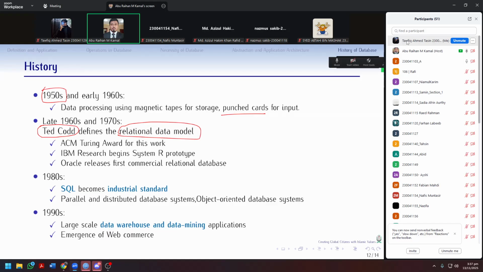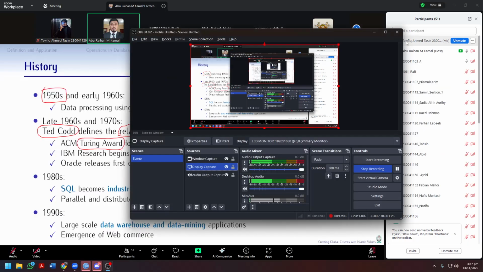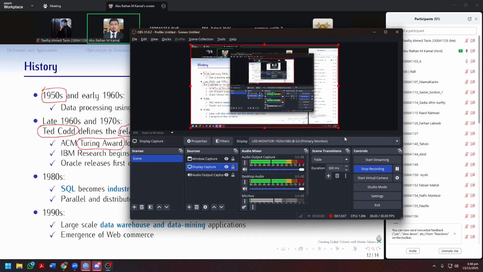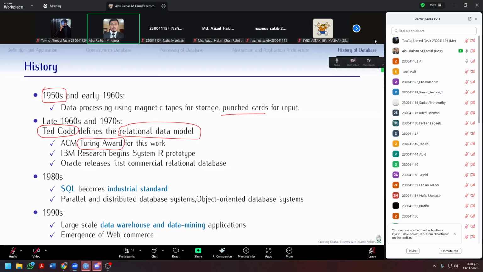Do you know what is the highest award of computing or computer science? It is called the Turing Award. Okay. The ACM Turing Award, sometimes people call it the Nobel of Computer Science and Engineering. So for his excellent work in this area, he was awarded the ACM Turing Award.